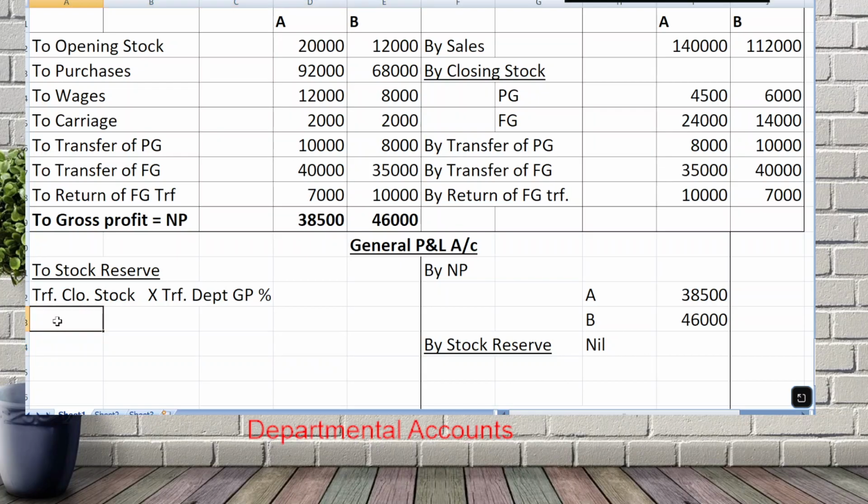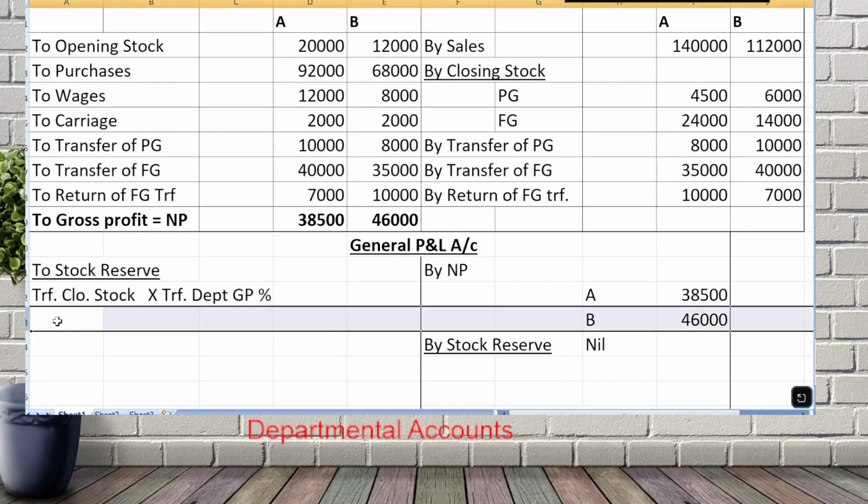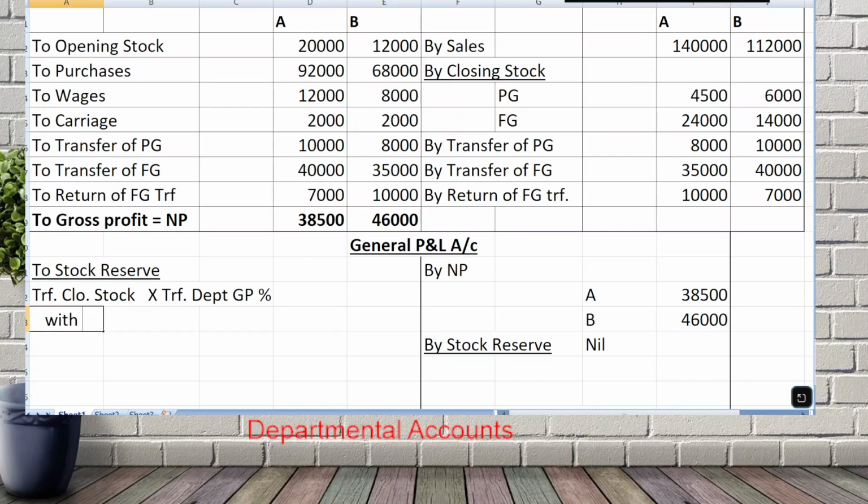Wait. Both will have the goods. Transfer to closing stock, it will be with A and with B, because A transferred to B. Yes, in between this year, the goods are transferred during the year.